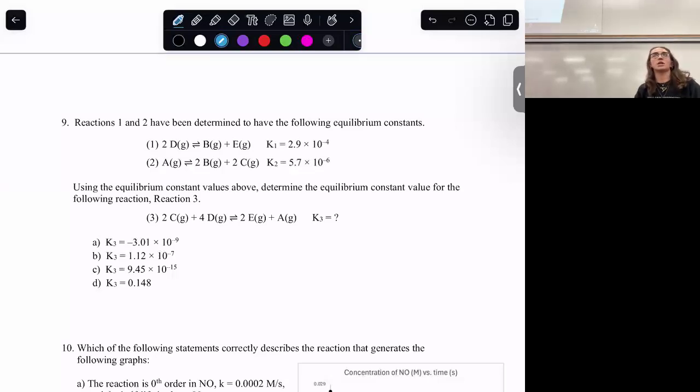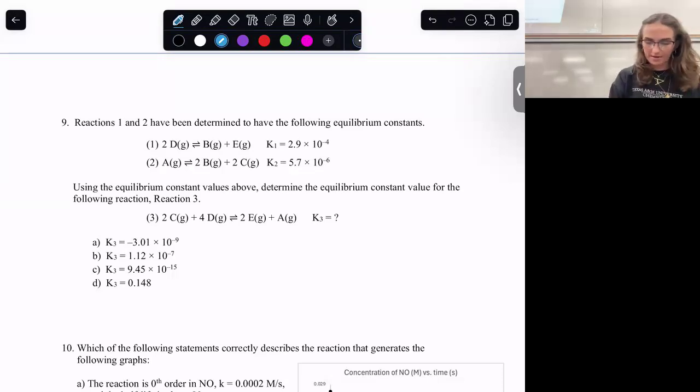So what do we need to do to get from 1 and 2 to 3? What do we notice first? Yep, so we need to double 1.